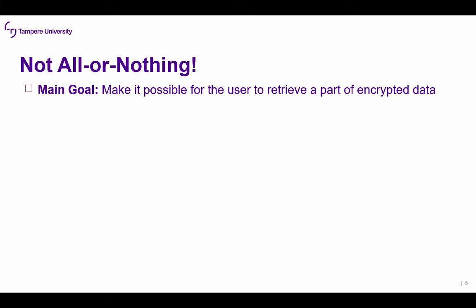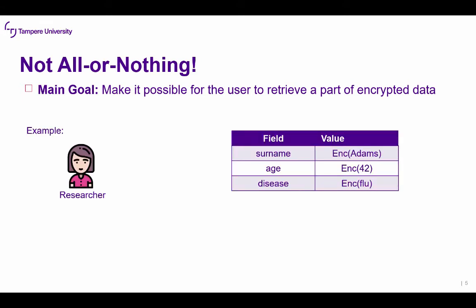So our goal is to make it possible for the user to retrieve just some parts of the encrypted data and not the entirety of the encrypted files. Now, if we look at an example here, Alice takes the role of a researcher and queries an encrypted database that contains sensitive information about some patients.